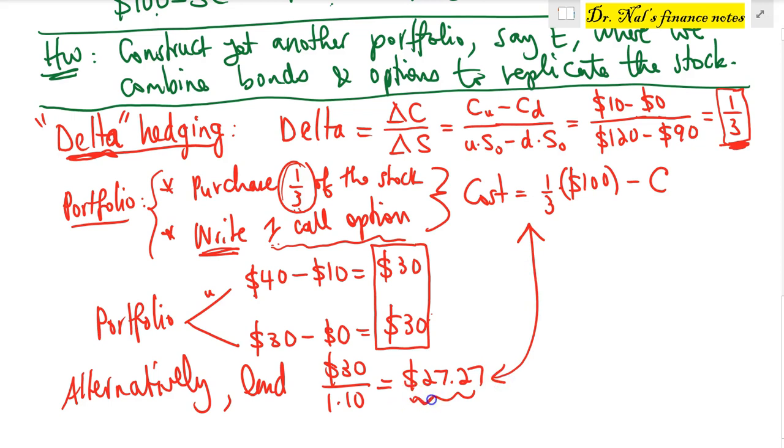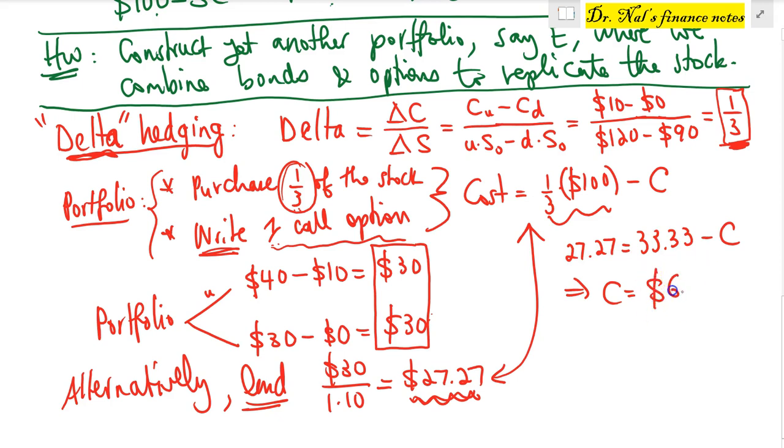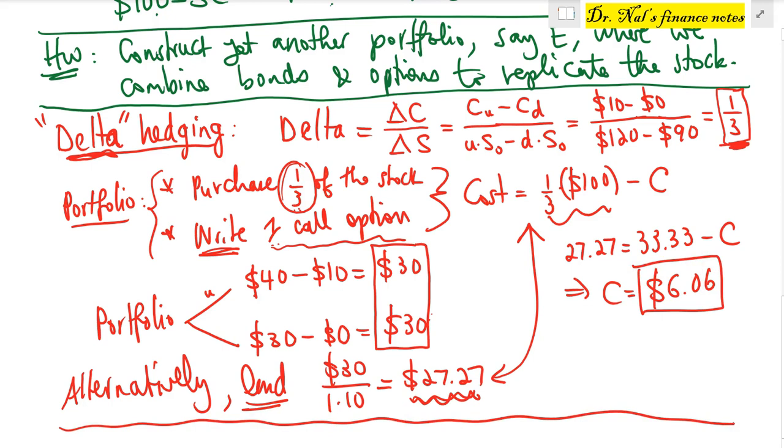So the cost is $27.27 of lending. So basically 27.27 is equal to 33.33, a third of $100, minus C, implying that C is equal to $33.33 minus 27.27, which is $6.06 again. So that's the main idea behind delta hedging, and it's a pretty neat idea.